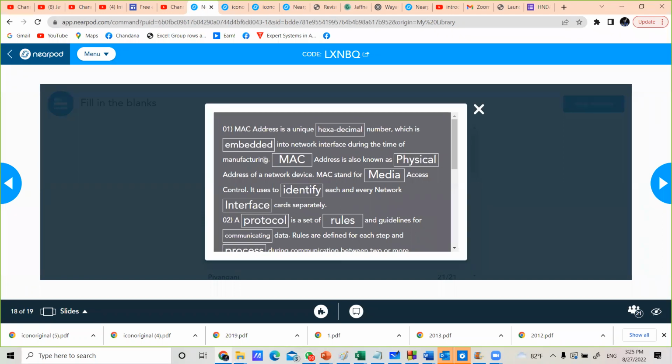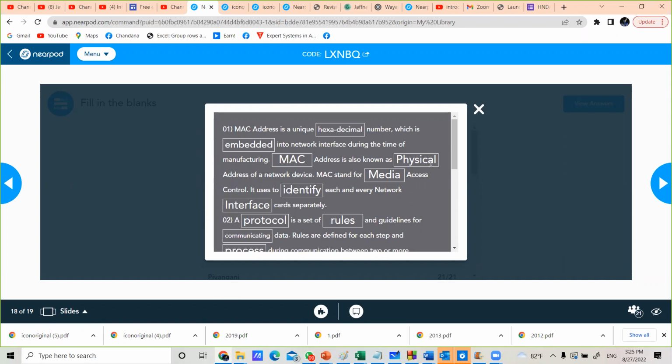At the time of manufacturing, the manufacturer puts the unique number into the interface card, the network card. The answer should be: MAC address is also known as physical address.